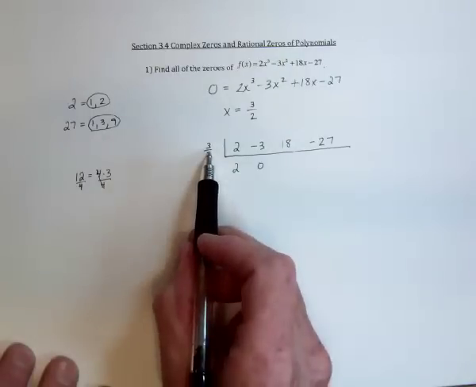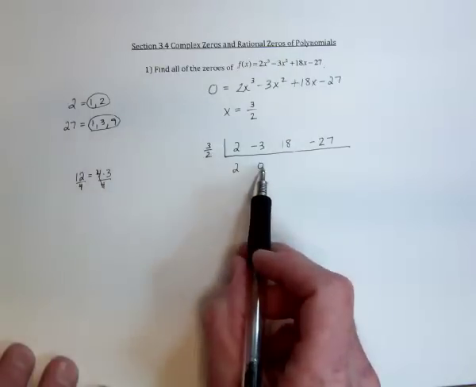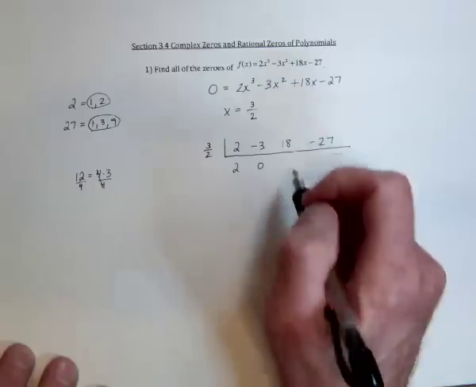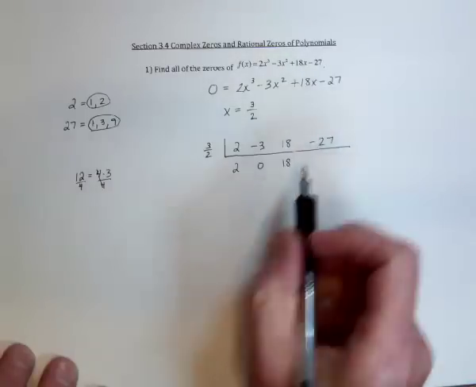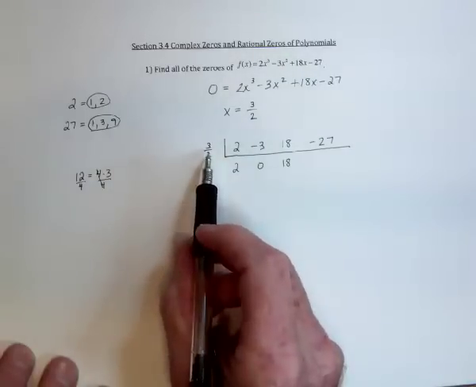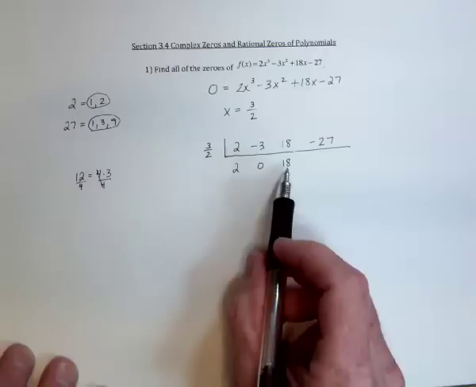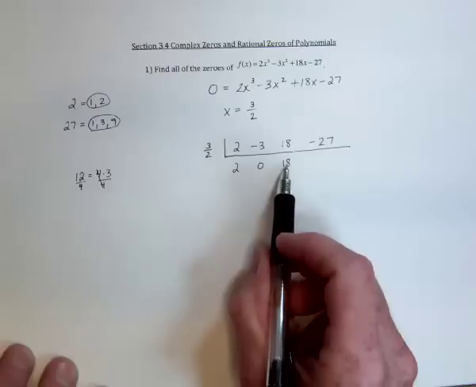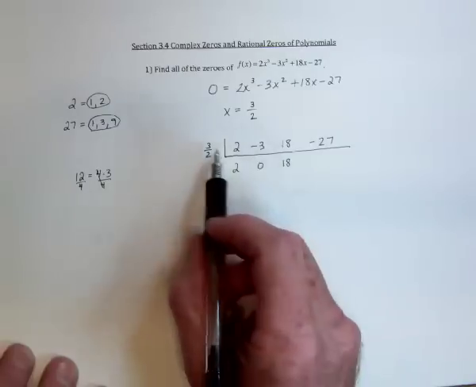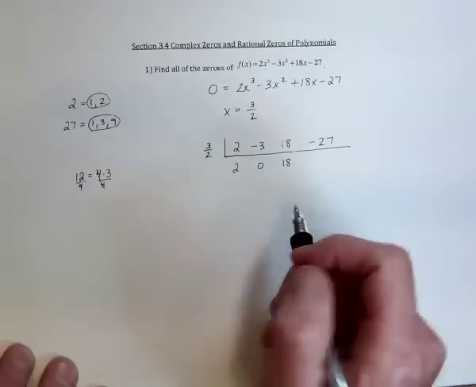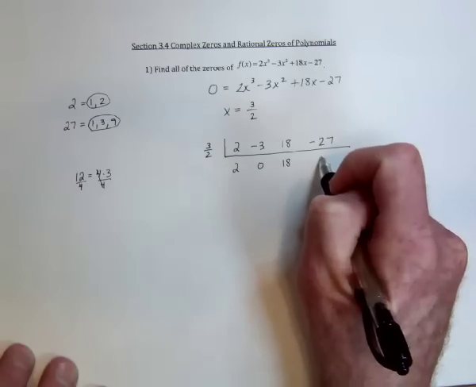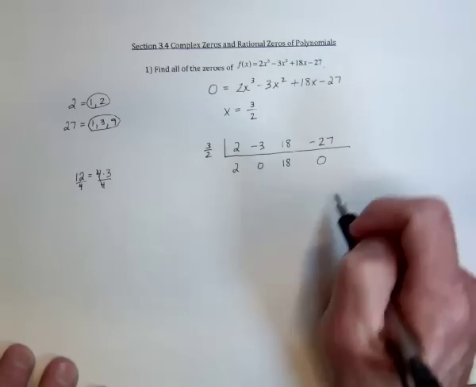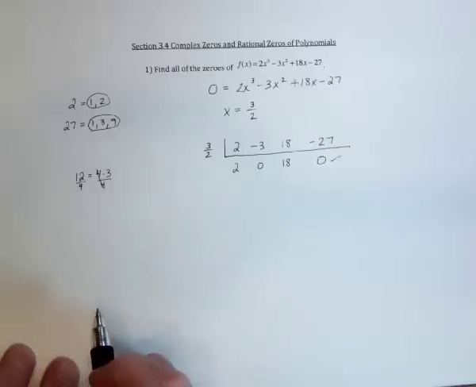And then do the same thing here, 3/2 times 0, add it to 18. Next is the 3/2 times 18, which is going to be, well, the 2 dividing into this is going to be a 9. That 9 times the 3 is going to be 27. So adding it to this, sure enough, the remainder is 0, just as it was supposed to be.